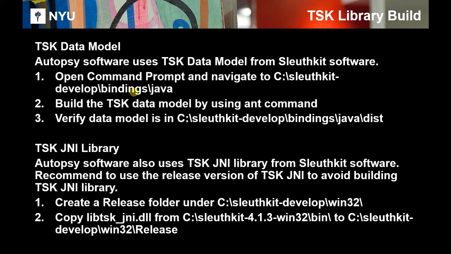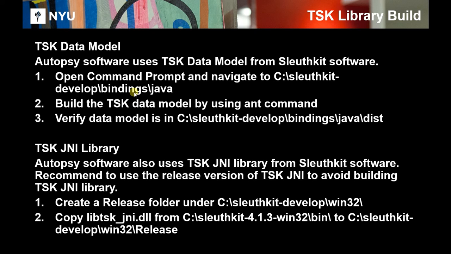Okay, so now you're ready to build the TSK library. Autopsy software uses the TSK data model from Sleuth Kit software, so you need to build the TSK data model before you can build the Autopsy software.